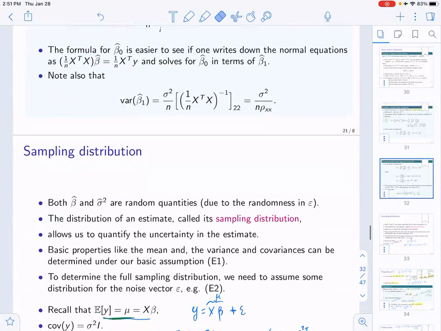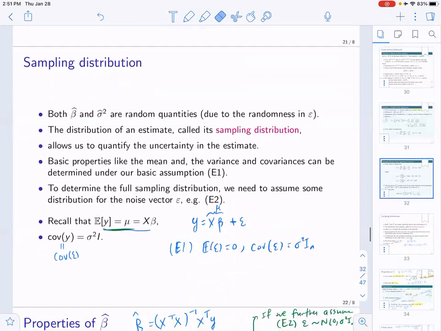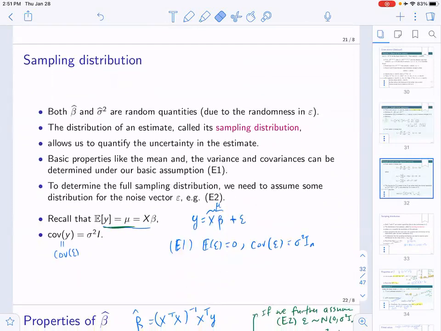Let me stop and see if everything is fine with people. Questions about this? So we're done with estimation, or at least the derivation of the estimators, and we're now ready to move on to the next topic, which is studying the statistical properties of these estimators.